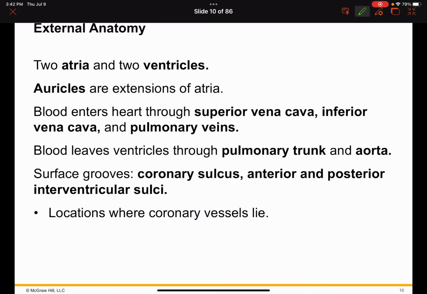We look at the external anatomy of the heart. Here, like I said, there are two atria, upper chambers. Then the bottom chambers are called ventricles. There are four chambers together.